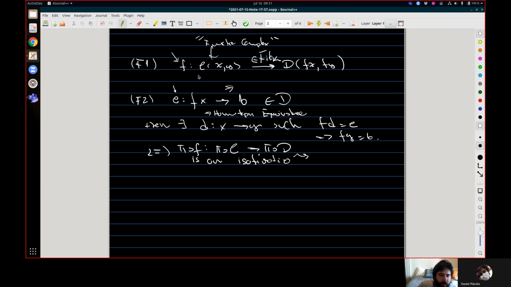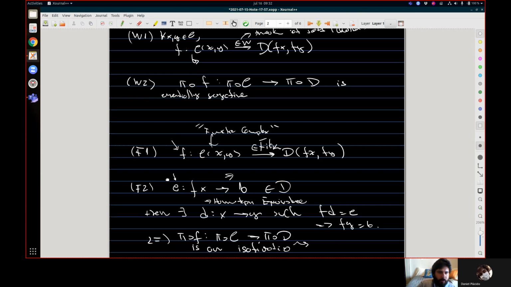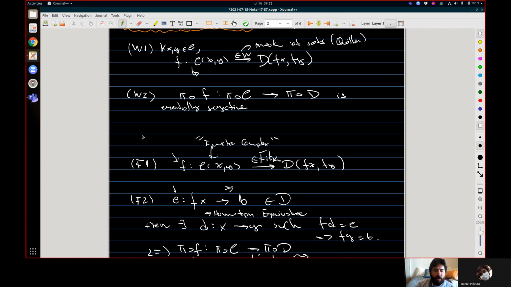Okay, so now I'll make a remark to see why this is similar. In these two definitions, we have two items. Both items 1 say that this is locally something that we want it to be in the category in which we are enriching our objects, so our hom sets.